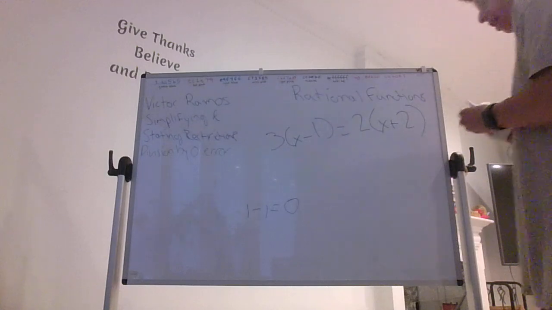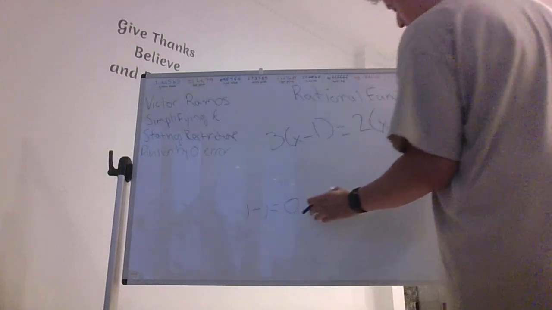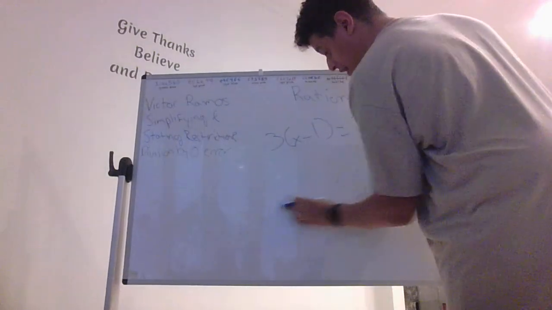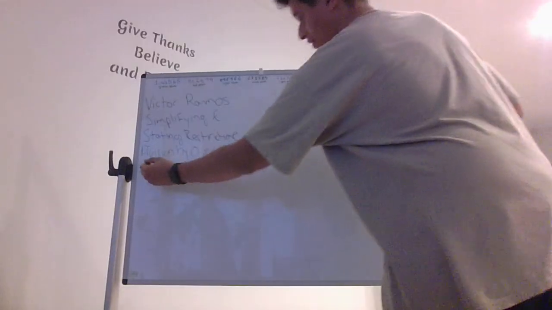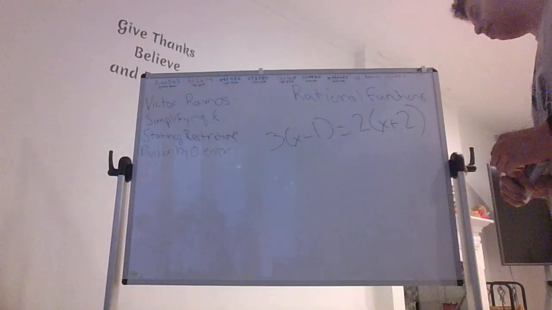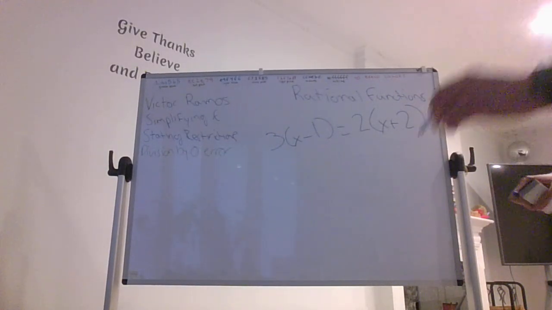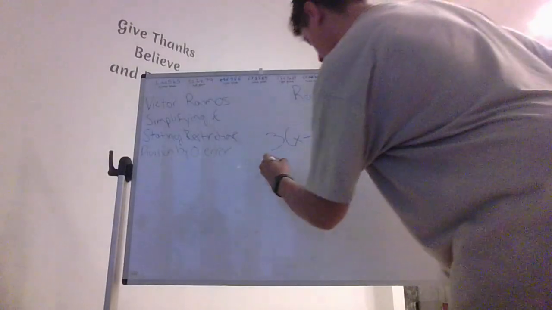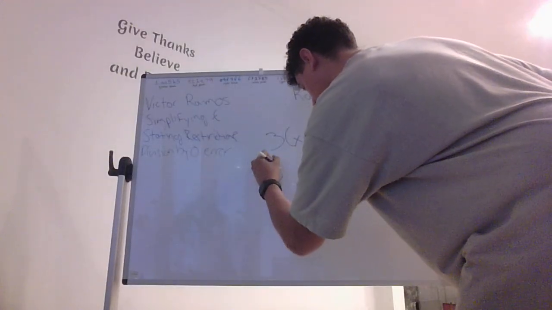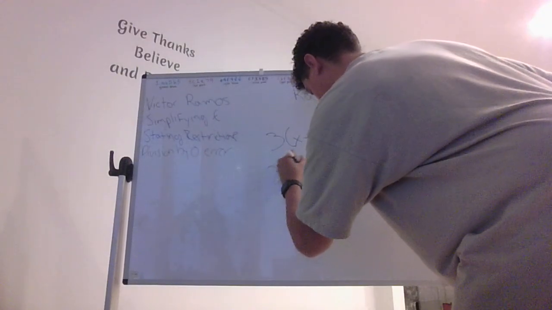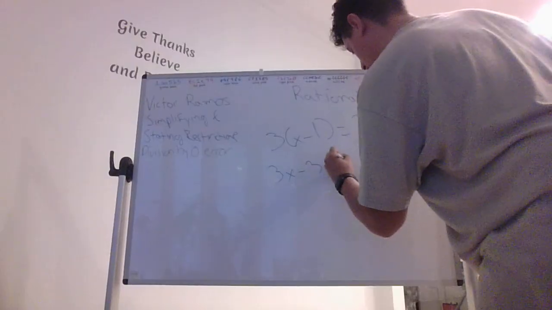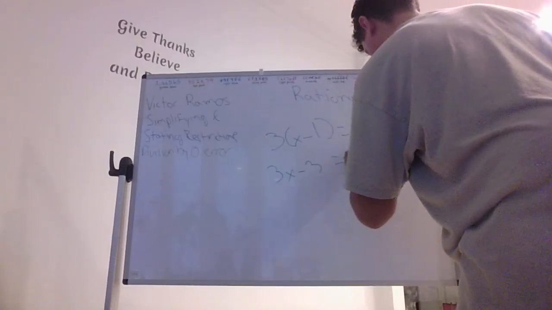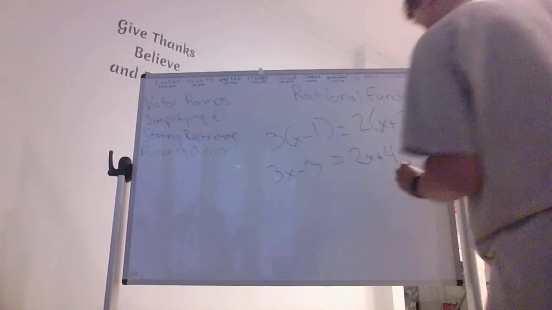And remember, x cannot equal positive 1 or negative 2, as it will create a division by zero error. So when we multiply this all together, it will equal 3x minus 3 equals 2x plus 4.